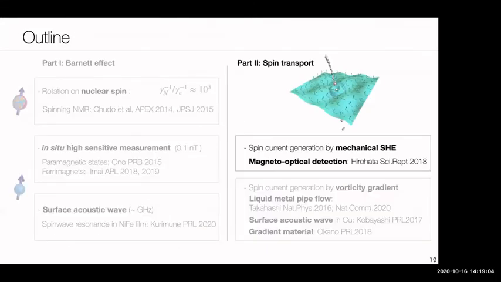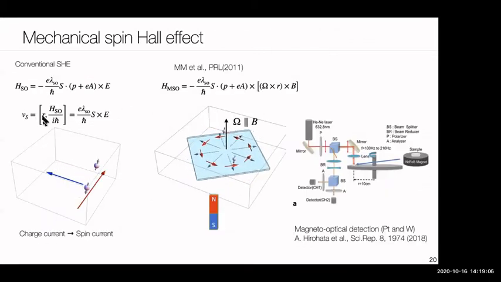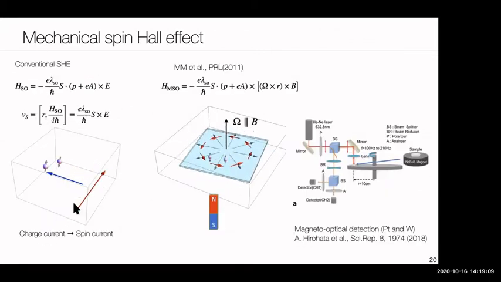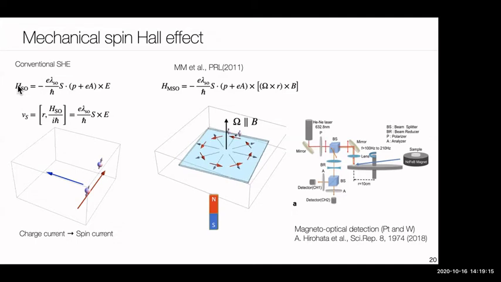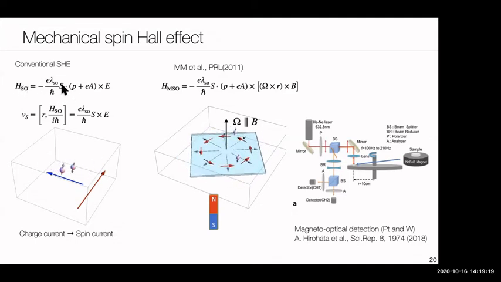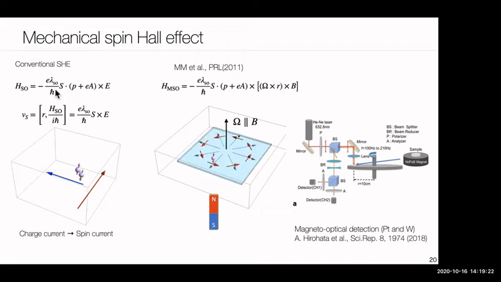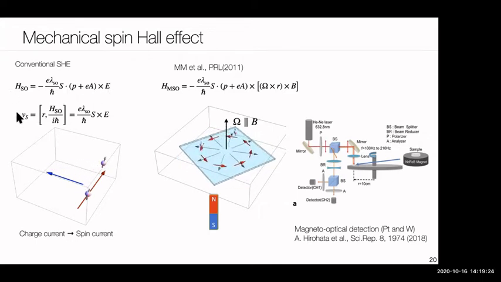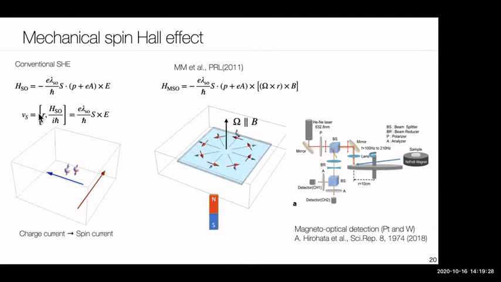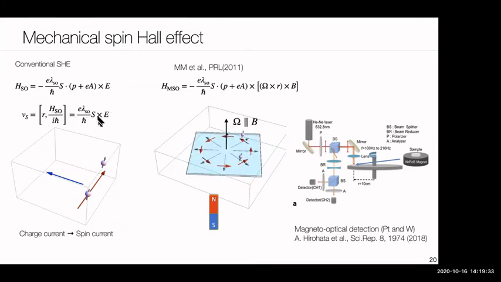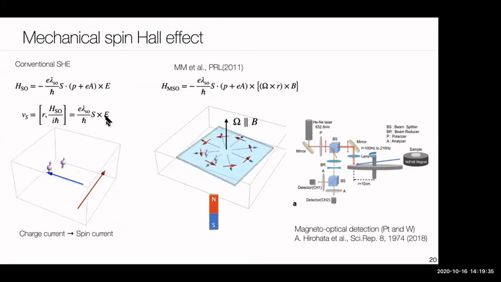This animation shows the situation for the conventional spin Hall effect. If you have the spin orbit coupling S dot P cross E, you can calculate the spin-dependent velocity operator, which is given by the commutator of R and the spin orbit coupling, and then we obtain S cross E, where E is the electric field.